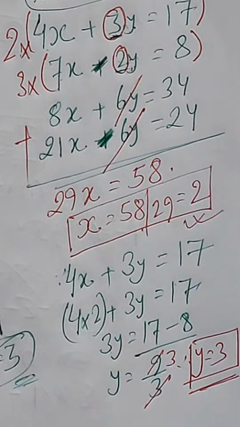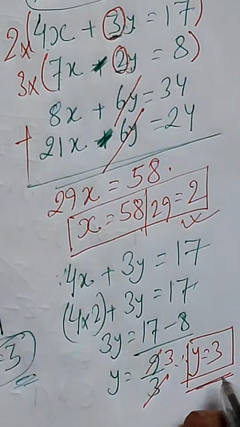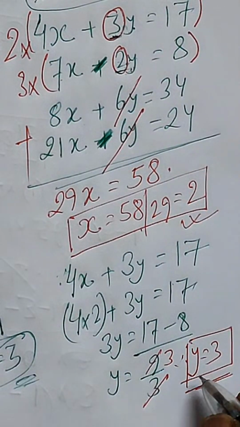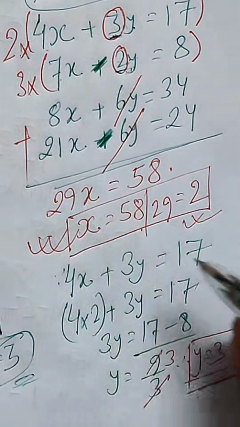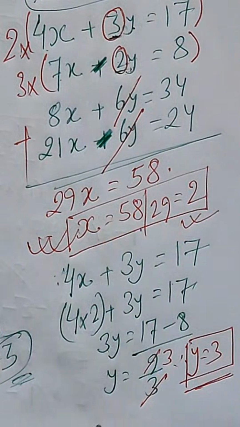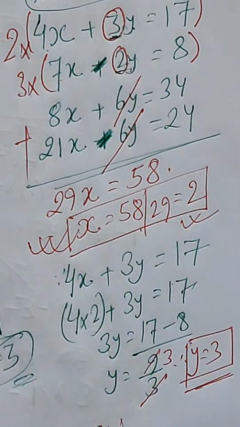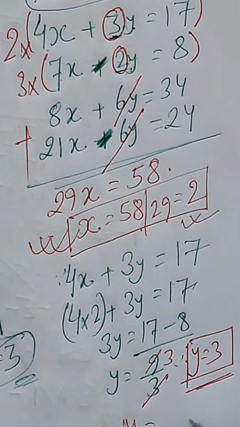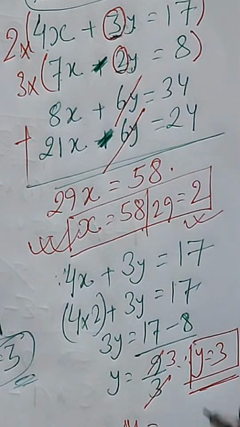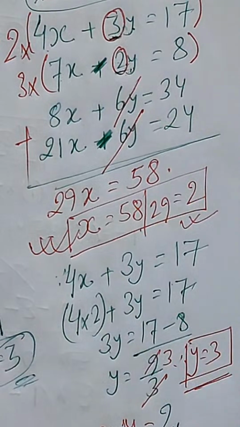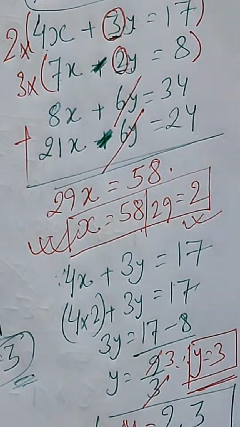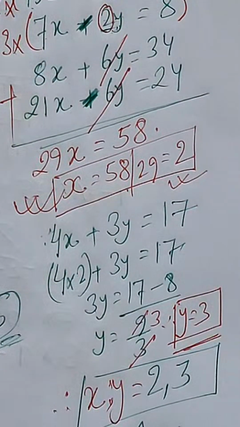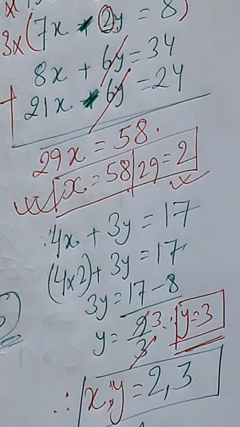We have already derived the value of x, so the values of x and y are 2 and 3. X equal to 2 and y equal to 3.